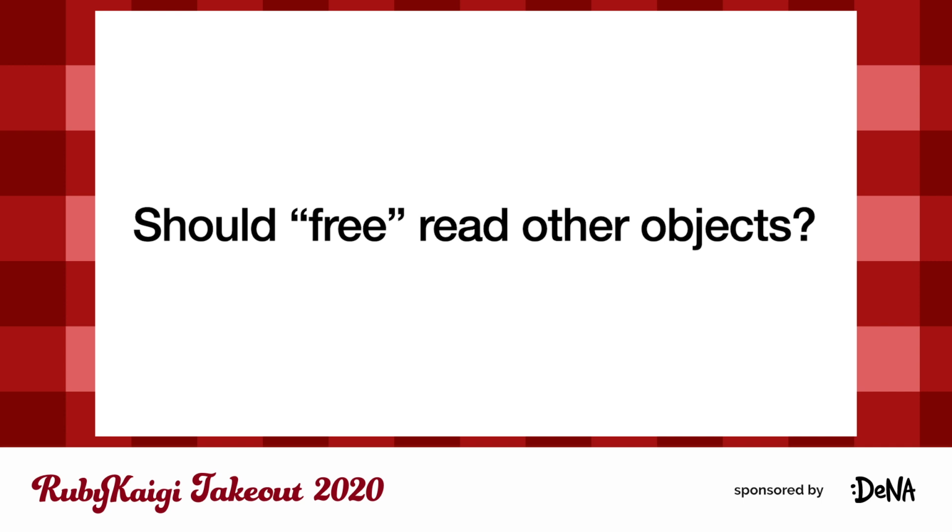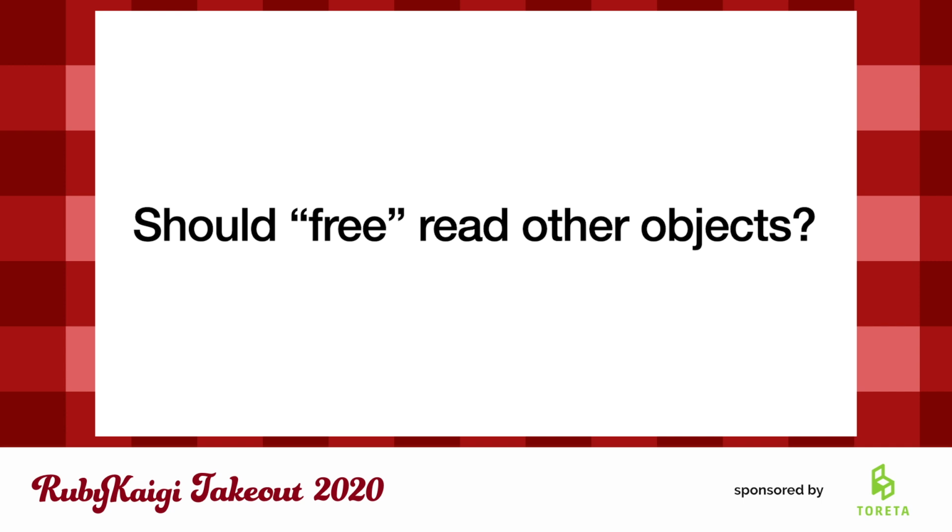So what do we do about this problem? Up to this point, I assumed that when an object was freed, it would only free its own memory. I didn't imagine that it would read a different object's memory. When an object is freed, should it be able to read other references?